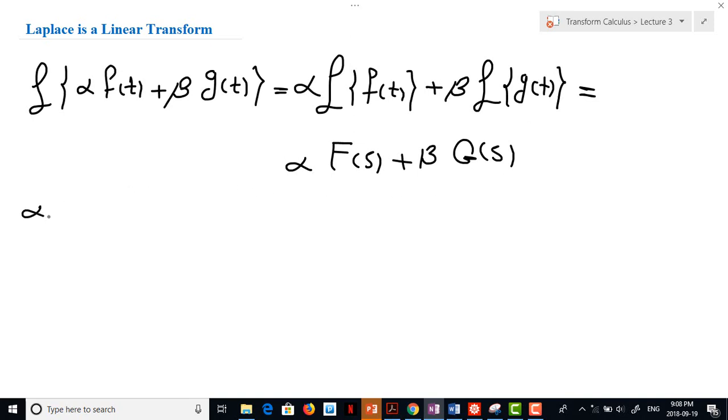In this case, alpha and beta are two constants.